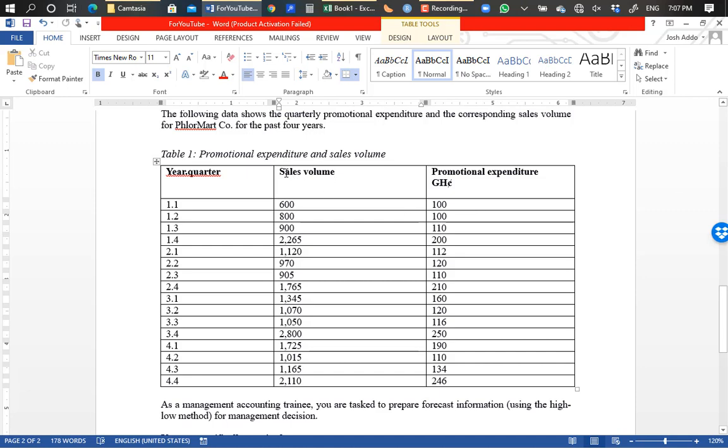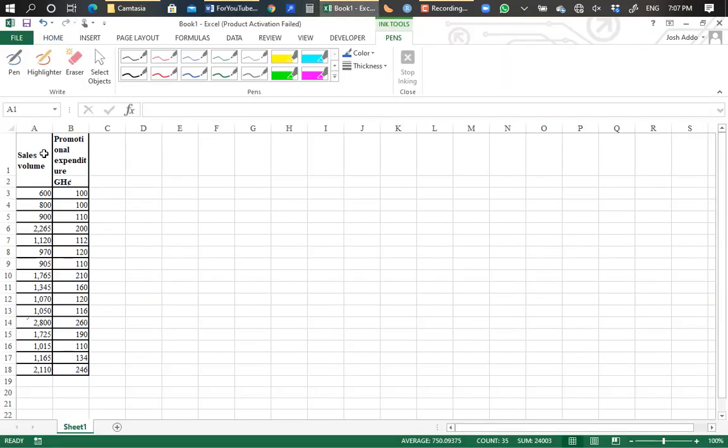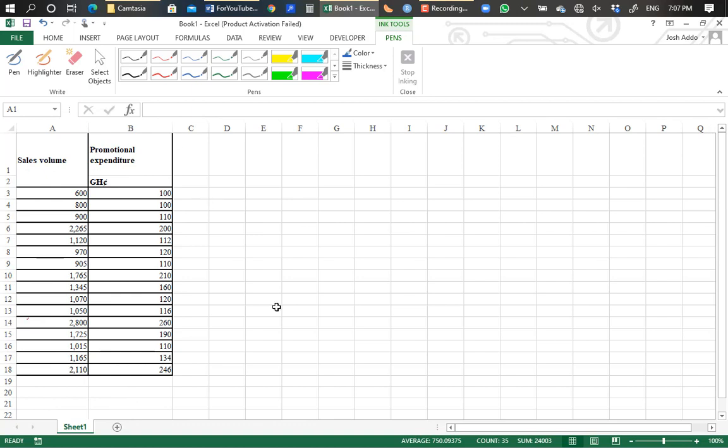So if I copy this data of sales volume and promotional expenditure as the two variables, and paste them in Excel as we have here, then we can get a sense of the correlation between them in a graph. So we can do a scatter.